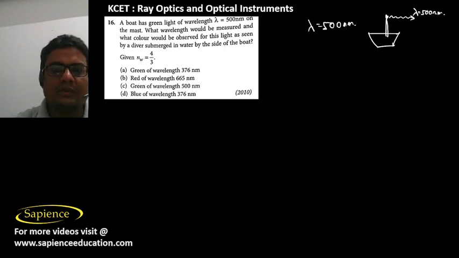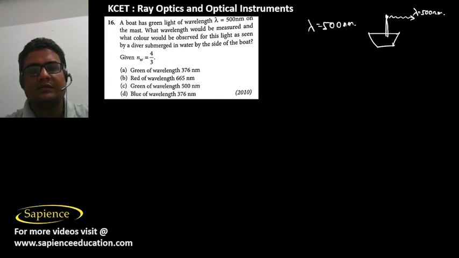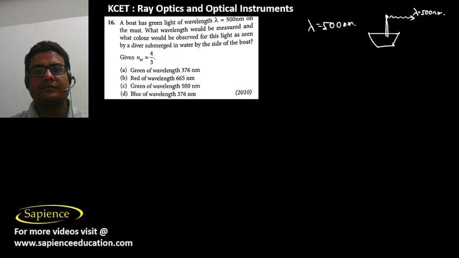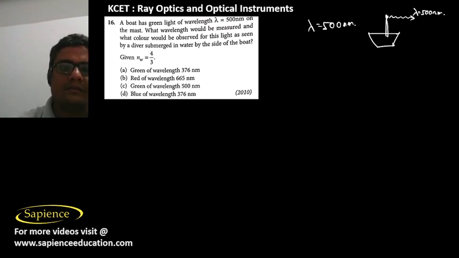What wavelength would be measured and what color would be observed for this light as seen by a diver who is submerged in the water by the side of the boat? So there is a diver who is submerged in the water. So what wavelength will he observe?